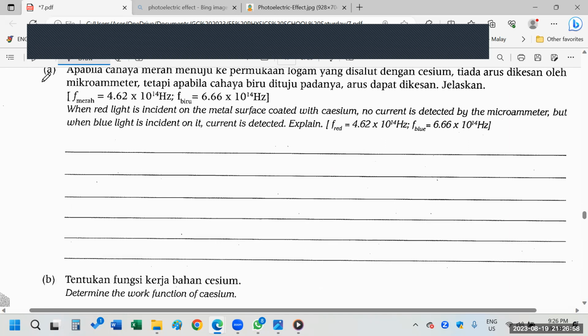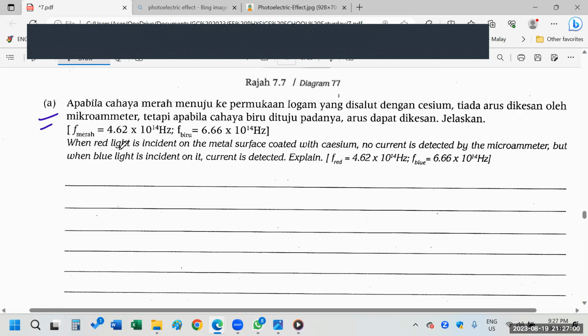Okay, so now part A, they ask: when red light is incident on the metal surface, means shone on the metal surface coated with cesium, no current is detected by the microammeter, but when blue light is incident on it, current is detected. Explain.